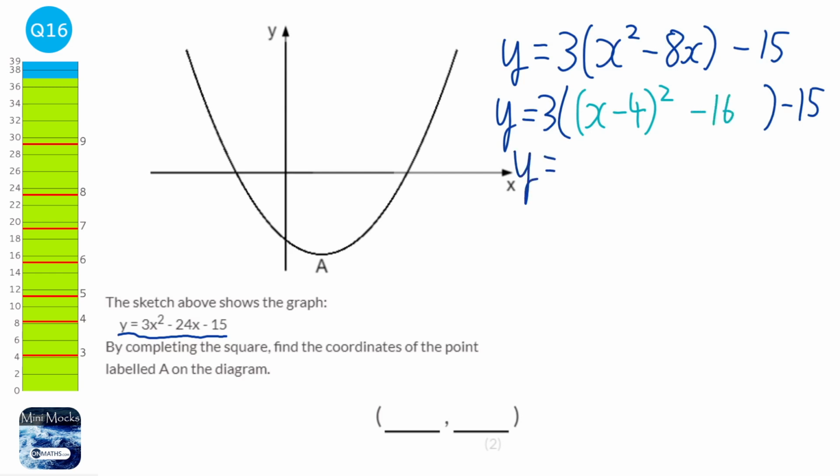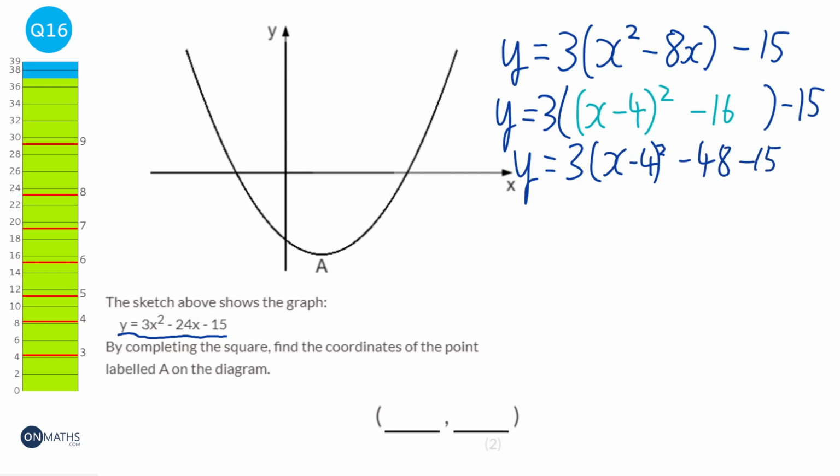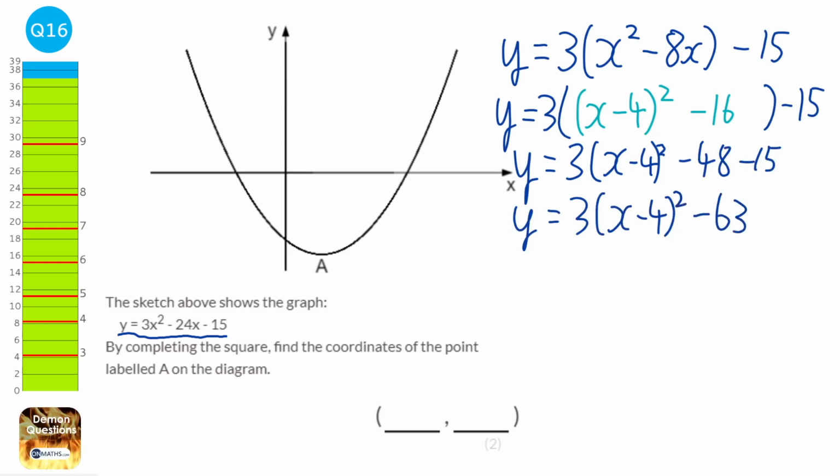Next we're going to expand the bracket with the 3 in, so we're going to have 3 brackets x minus 4 squared, minus 48, minus 15, and then we're just going to tidy that up by adding the numbers together, so that would be minus 63.